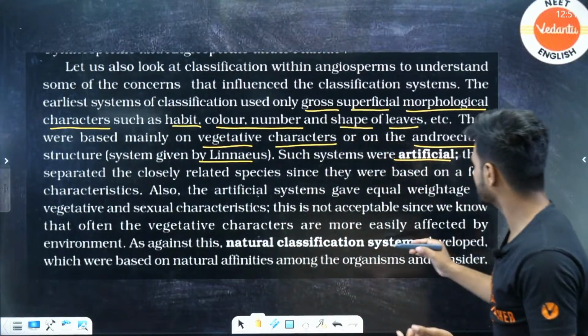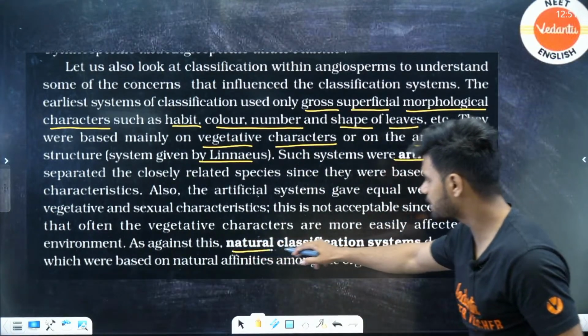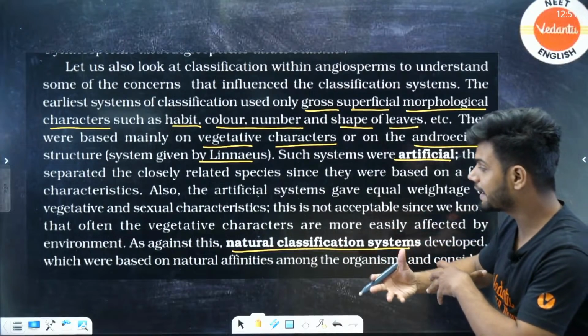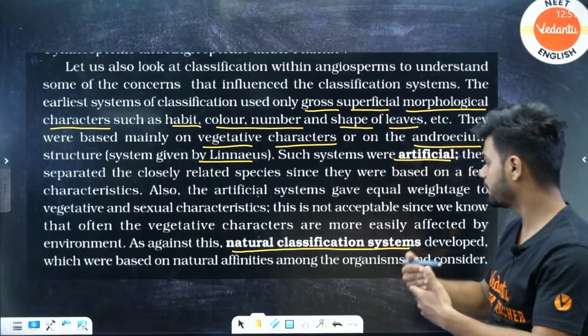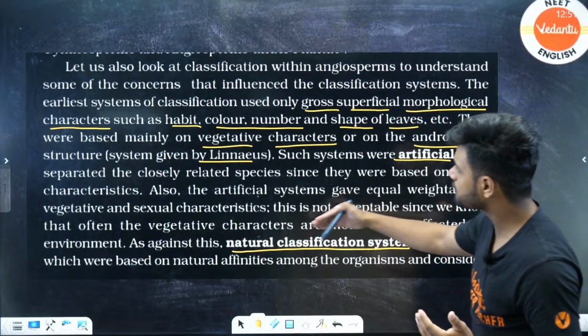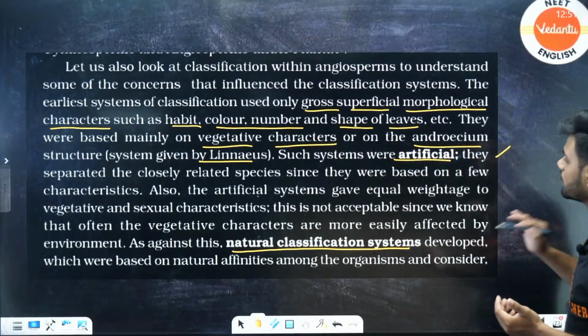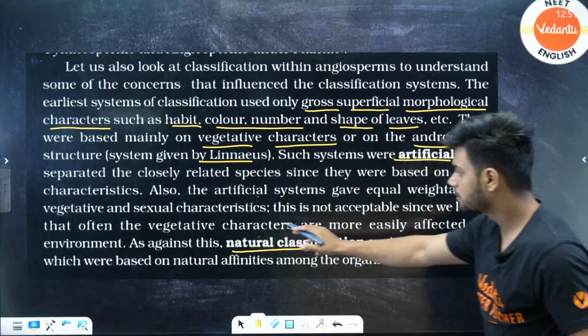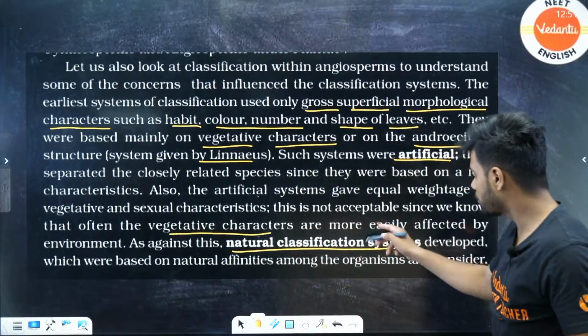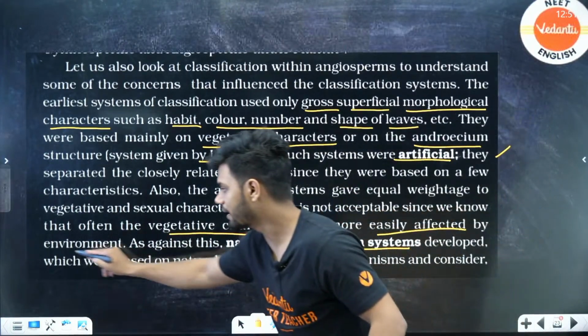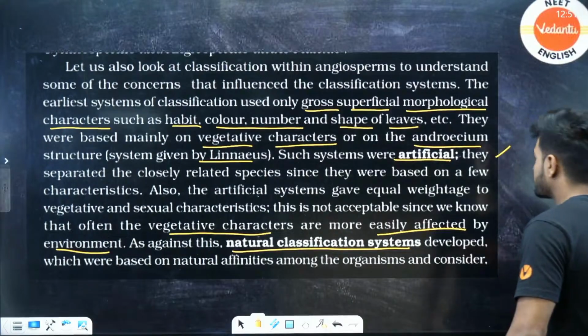Then we learnt about your natural system of classification, which mainly dealt with the internal structure. Now, what was the drawback of your artificial system? The drawback was that vegetative characteristics are more easily affected by the environment. Clear?